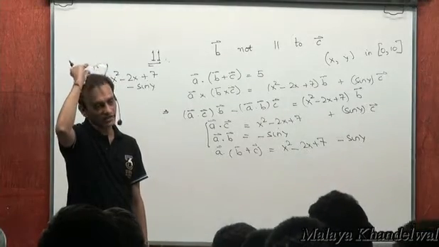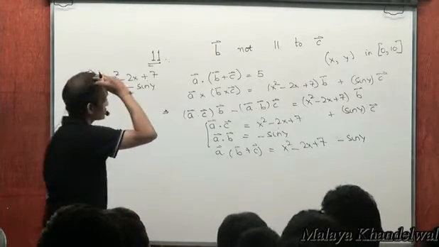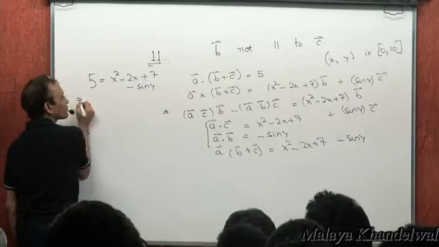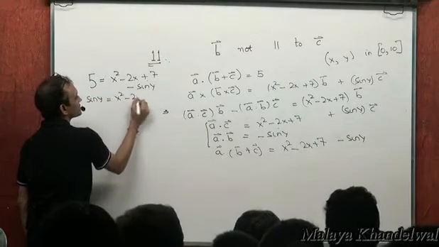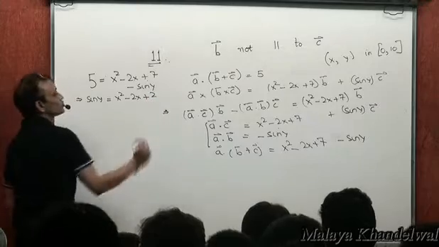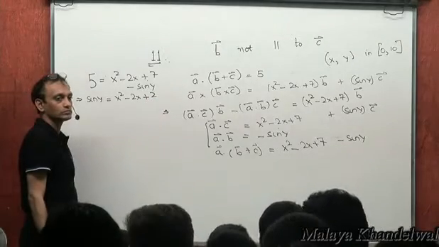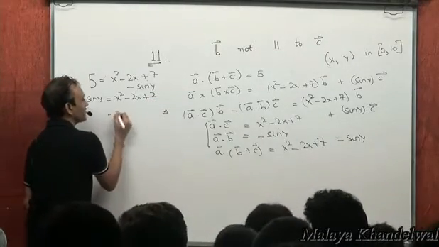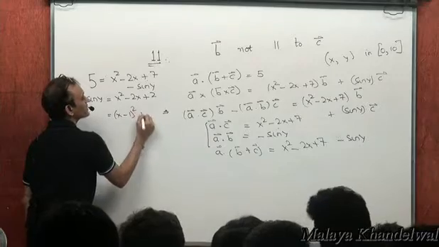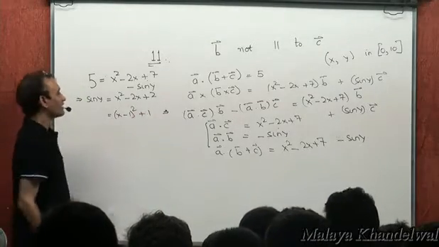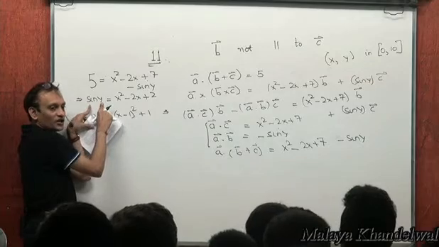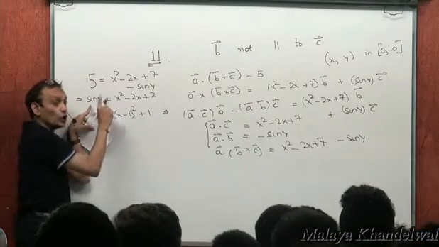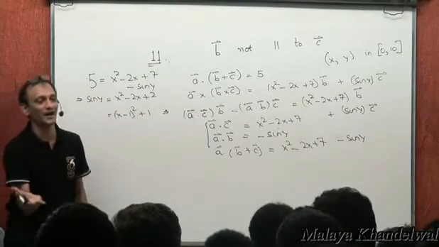I want to find all sets of x and y giving this. So now, can I say sin y equals x squared minus 2x plus 2? Can I write this as x minus 1 whole squared plus 1? This is always greater than or equal to 1. This is always less than or equal to 1. What's the only possibility? Both must be equal to 1.